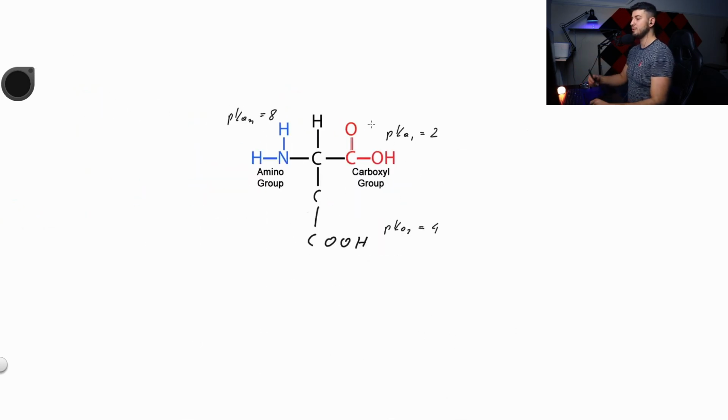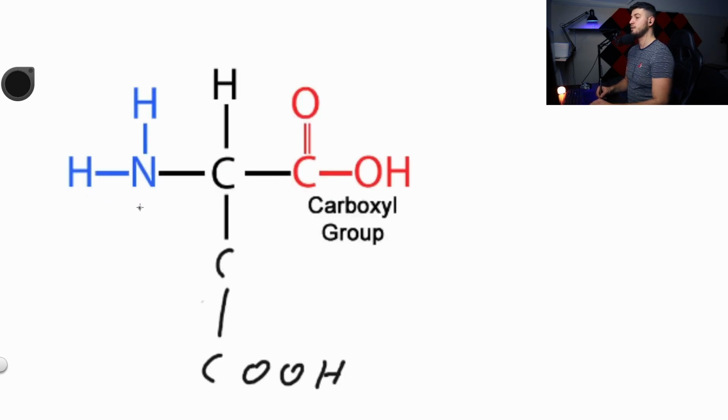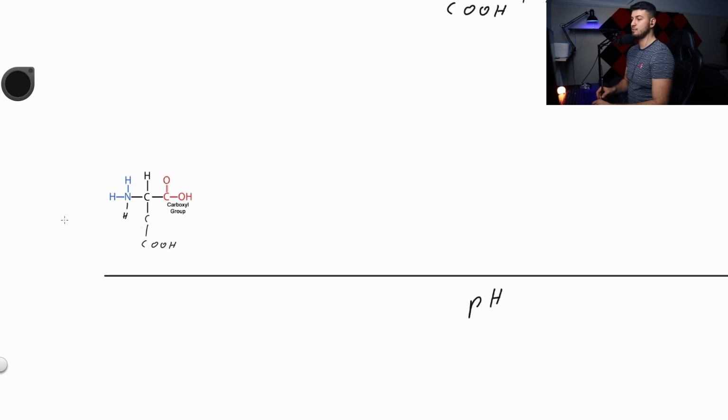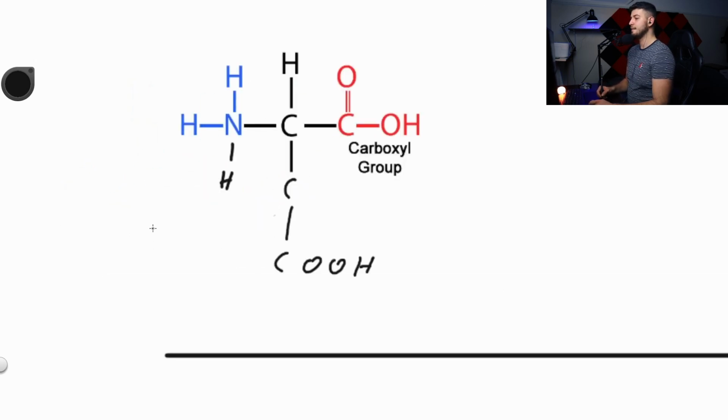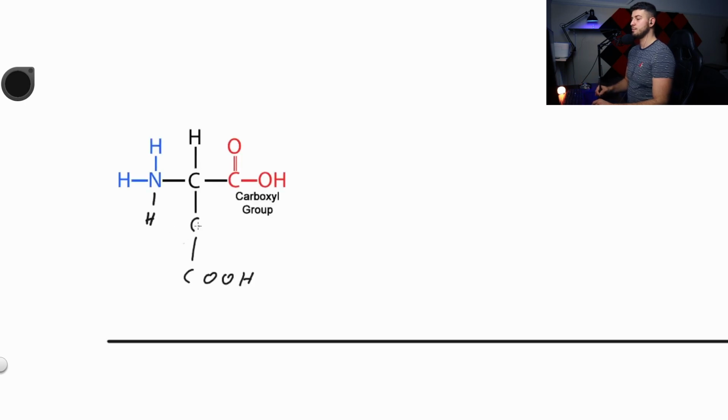The pH is so low and there are so many hydrogens that everything is protonated. So our amino group will also be NH3. You can have this as a full structure or just NH3, it's the same.